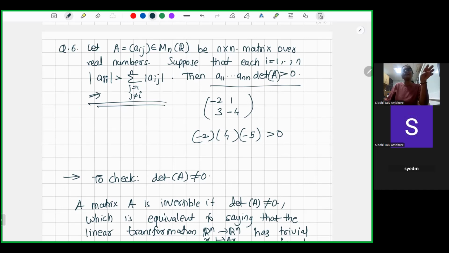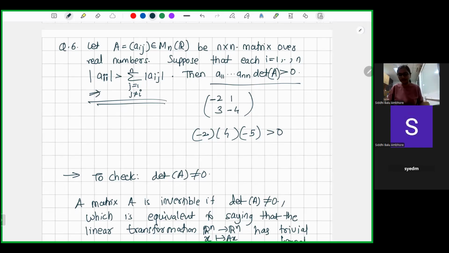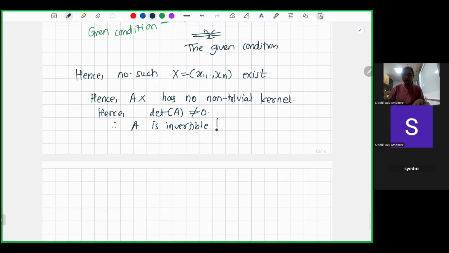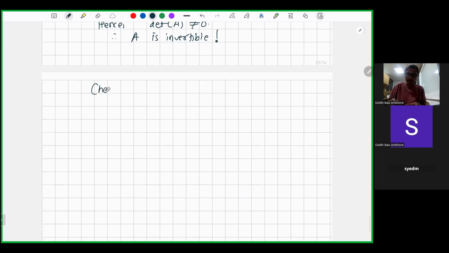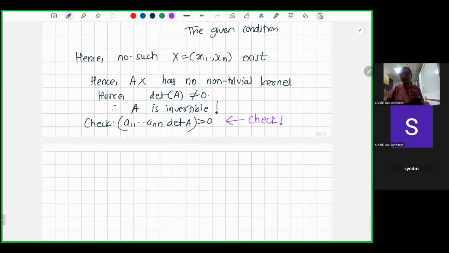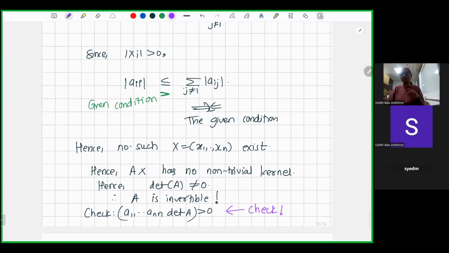And ultimately we get that this determinant becomes positive because the number of negative and positive eigenvalues sort out somehow. So for now, I hope this much is okay. You can check that determinant of A is greater than 0 on your own if possible. Otherwise, we will discuss this in the next class because we are already out of time and this will take some time.